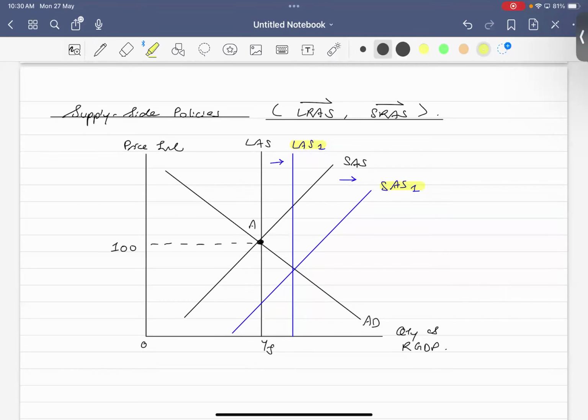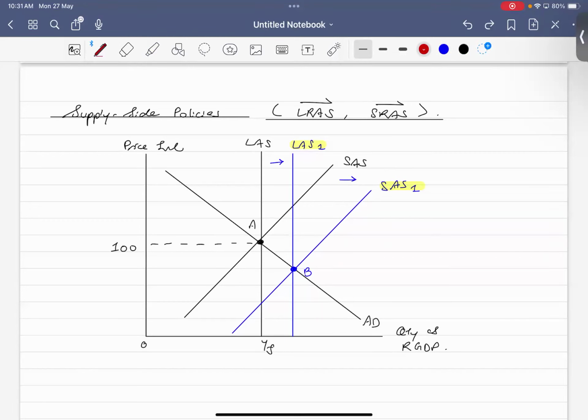Okay, so now where's your new point? Your new point is actually here. Let me show it. Yeah, here. Okay, this is your point B. Okay, so that's the main thing that you must show for supply side. Okay, so this is your supply curve, demand curve. So intersection.